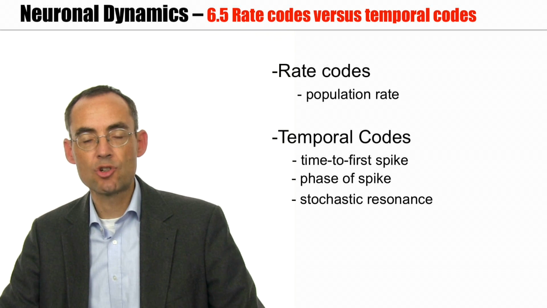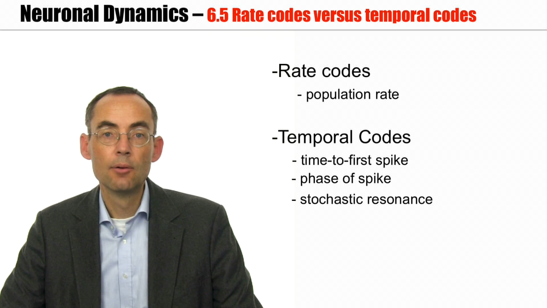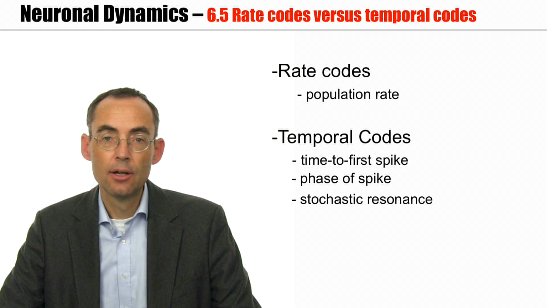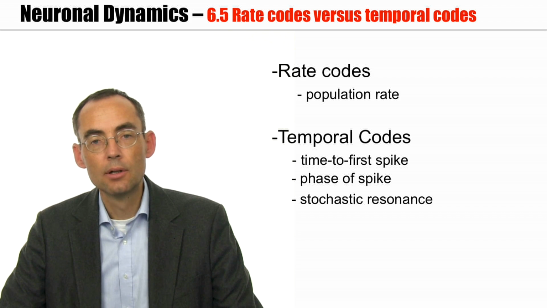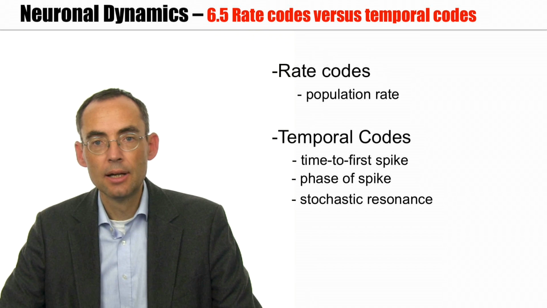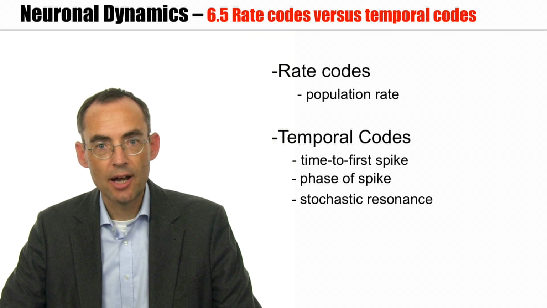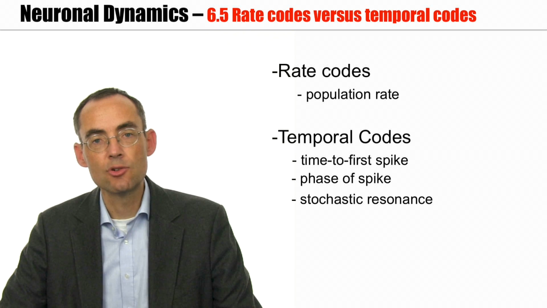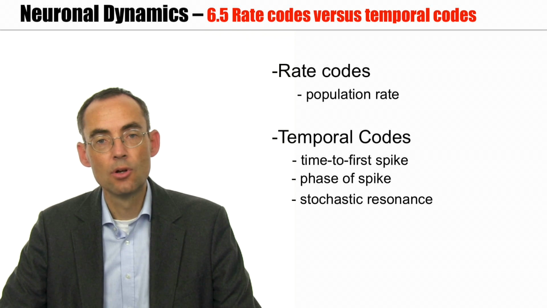Whenever the reference trajectory is close to the threshold, then it's actually more likely that the real trajectory hits the threshold. Therefore, temporal information in the input can be reliably transmitted. Spike timing does contain information, despite the presence of noise.